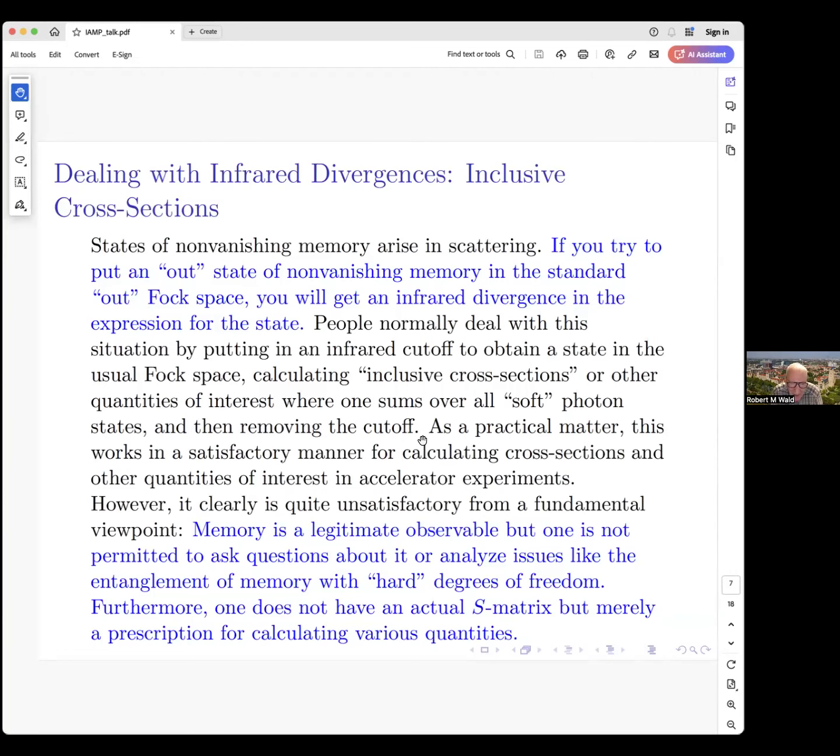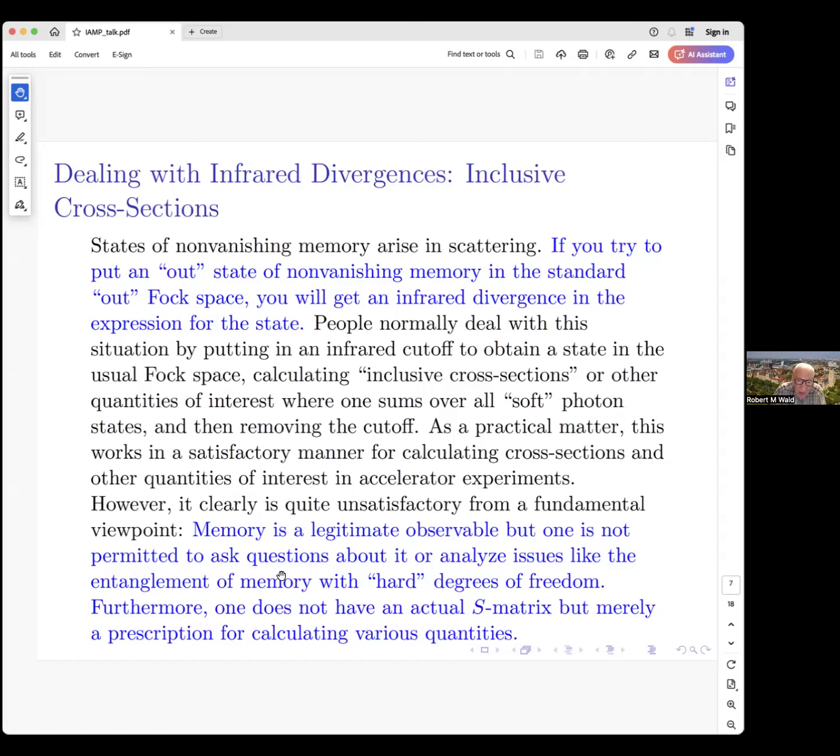There are a lot of these very soft photons. So this is something that in principle is an observable that might be of interest in experiments other than the typical ones that are being done at CERN. But if you do this kind of procedure, you're not allowed to ask questions about it or analyze it.